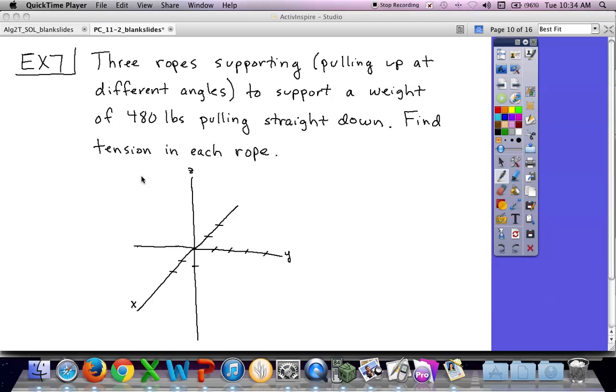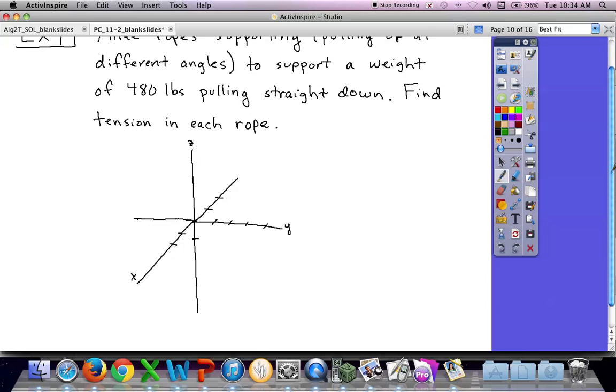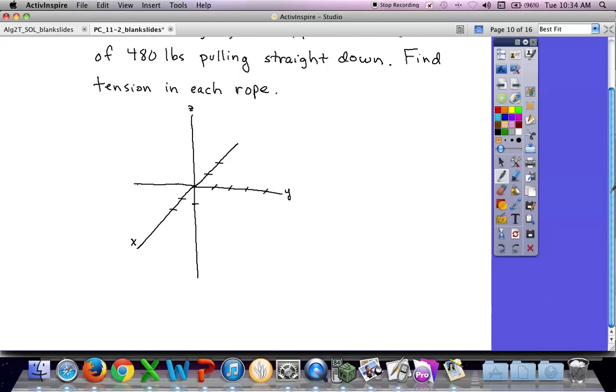So let me graph those. It's a little bit of an exercise in graphing too. Okay. Where the 480-pound weight is pulling down is the point 0, 2, -1. So how do I graph 0, 2, -1? 0 means X, right? 2 means Y, right?